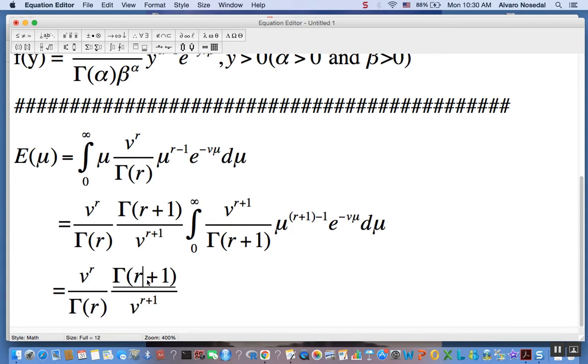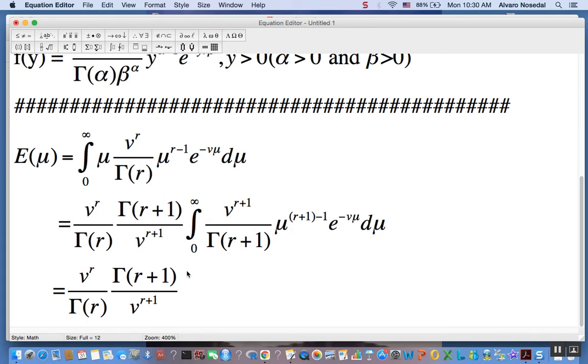If r was an integer, it doesn't have to be, but if it was an integer, we know that gamma evaluated at r plus 1 is going to be just r factorial, right?